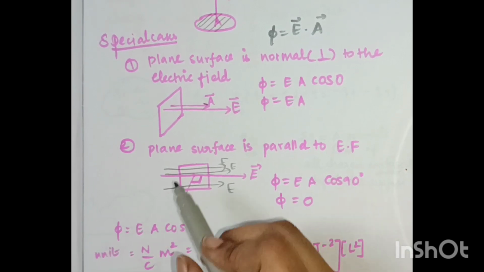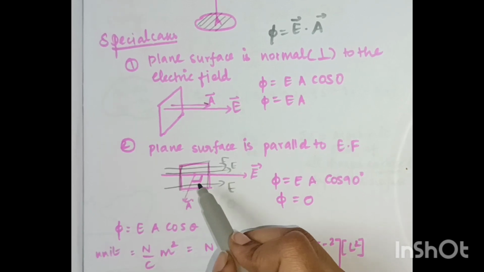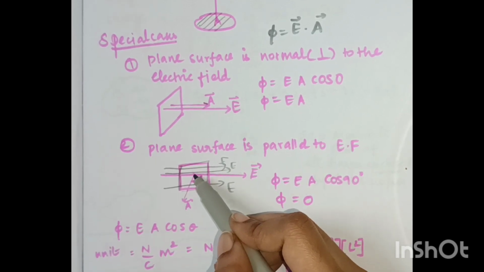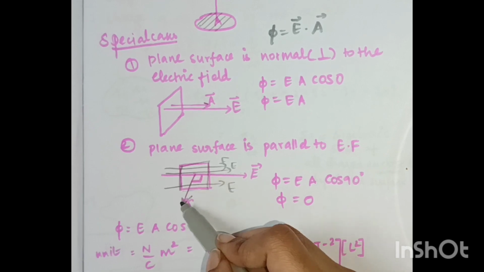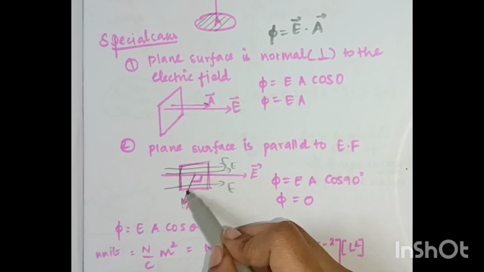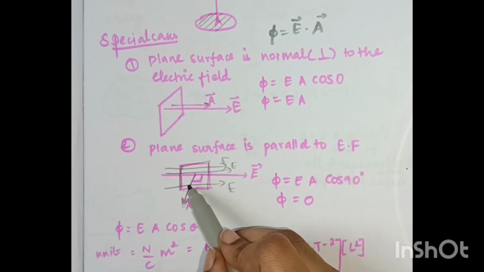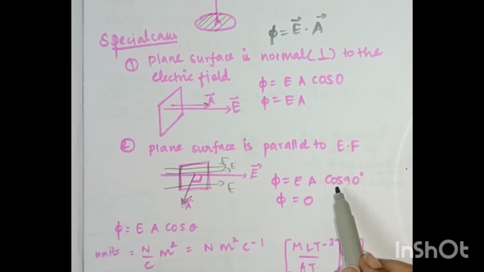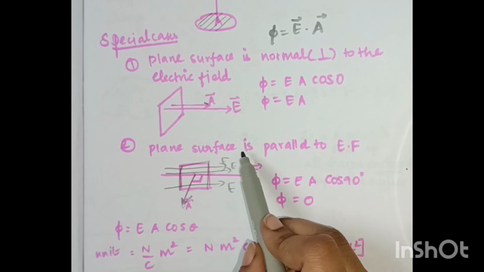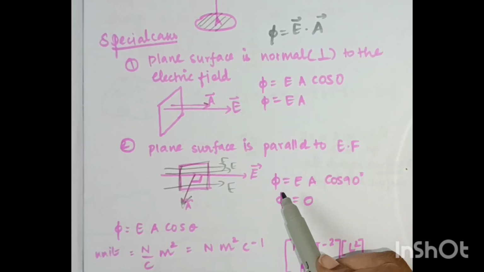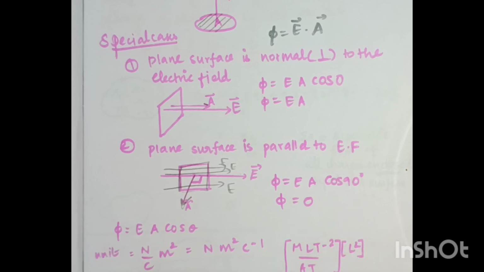Why cos 90? If this is the plane surface, the area vector will be outward, like this, perpendicular to the electric field. So the angle made by the area vector and the electric field is 90 degrees. EA cos 90 will be 0. So when the plane surface is parallel to the electric field, the flux passing is 0. Please note that.